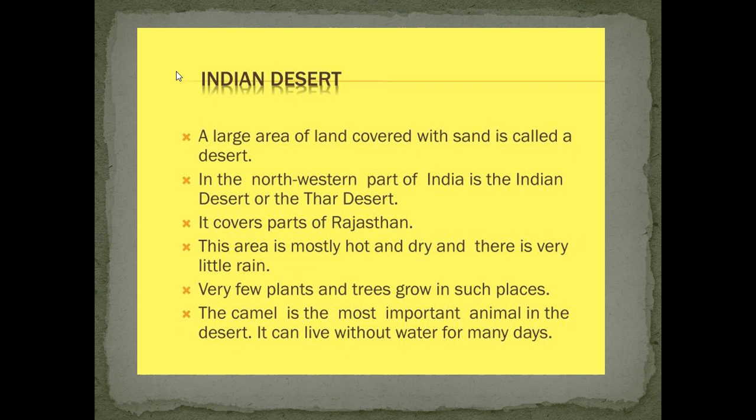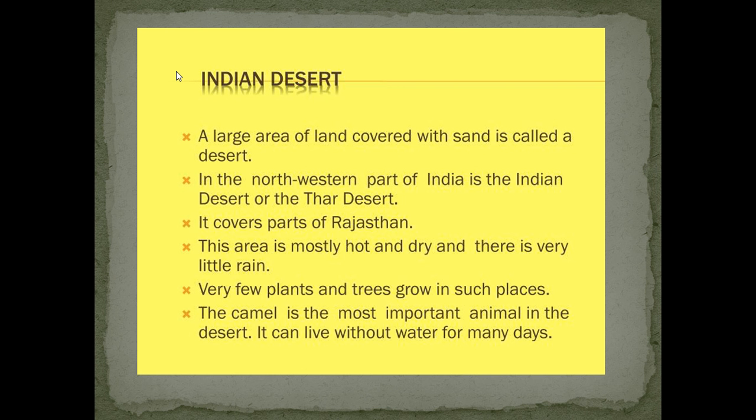Northern mountains are in which color? White. Why is it white? Because of the snow. Yes, very good. Because of the snow, it looks white in color. That means the northern mountains are covered with snow. That is why it looks white in color, right? Due to that snow, it looks white in color.